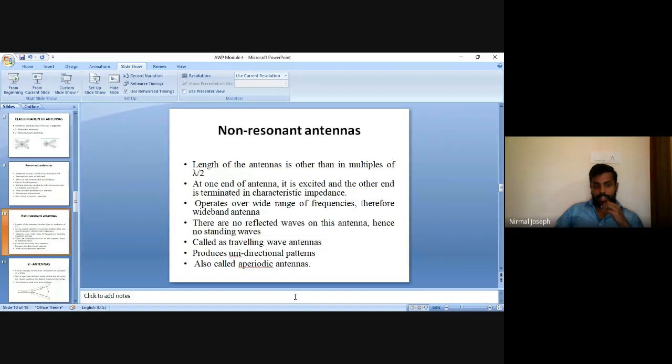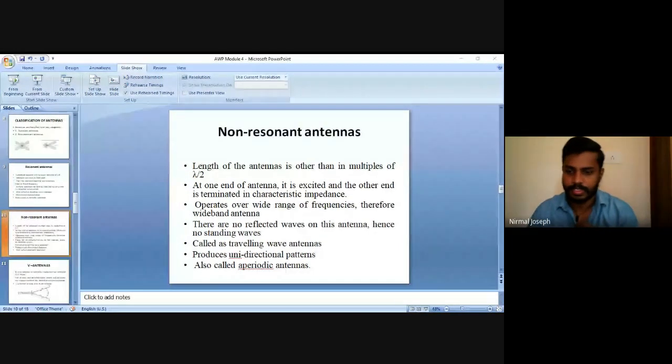Now, can anybody tell how a unidirectional pattern comes for non-resonant antennas and a bidirectional pattern comes for resonant antennas? We have explained this so far. Can anybody tell how bidirectional comes for resonant and unidirectional for non-resonant?